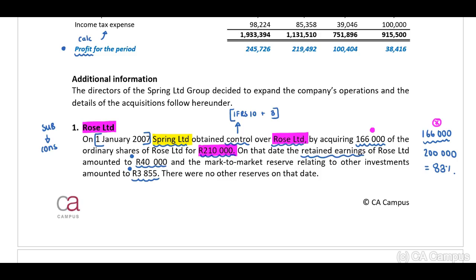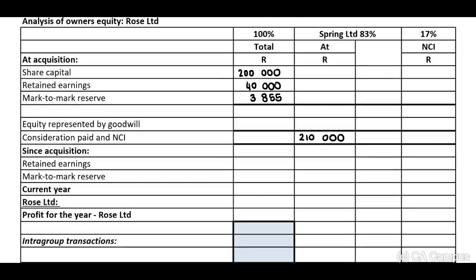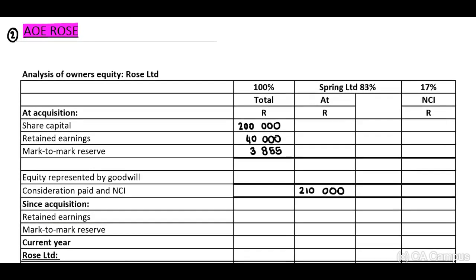Therefore, you need to still include this somewhere in your calculations for your marker to be able to identify. And I do recommend that you include this on your analysis of owner's equity at the top. It's easy for your marker to be able to identify. And this is the 166,000 times 200 on 200,000, therefore 83%.